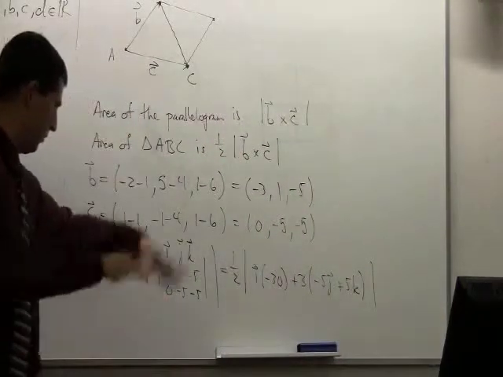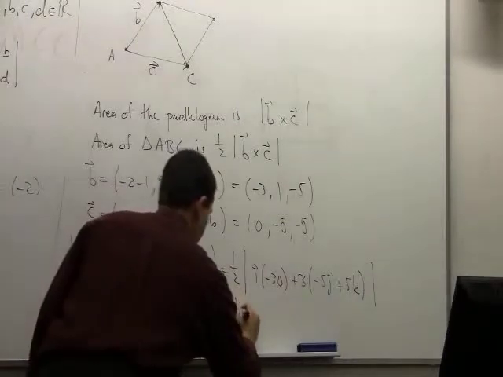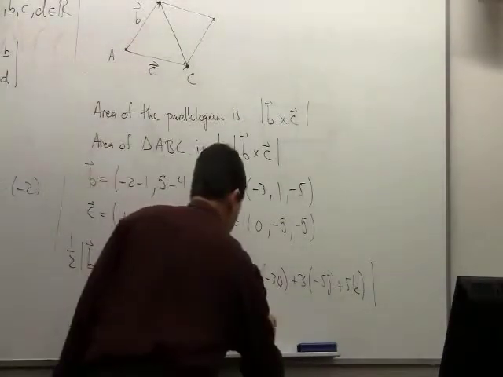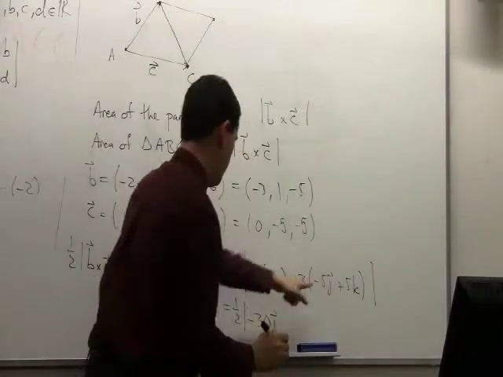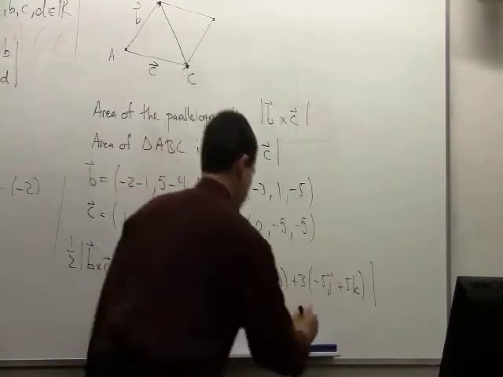And then this 0, you don't have to do anything with. So now, this is minus 30i minus 15j plus 15k.